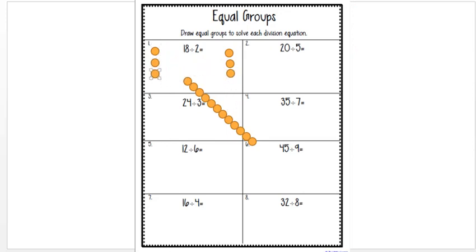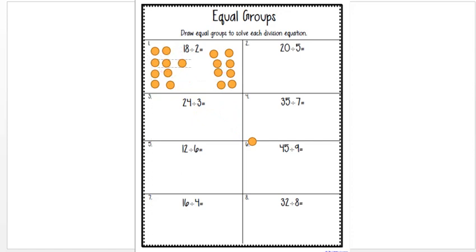For each of the questions, you're just going to draw circles or hearts or anything that you want, and then you're going to put them into equal groups. And remember, the groups is the second number. So 18 is the total amount, which is why we have 18 circles. And I'm putting them into 2 equal groups, okay? And that should give me the answer. And then you can actually just write the answer down.